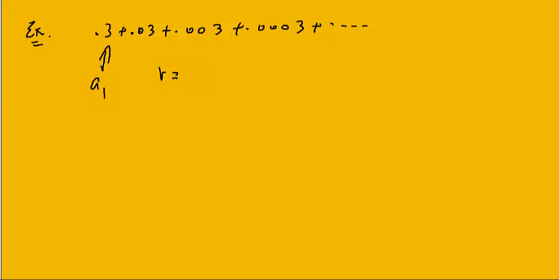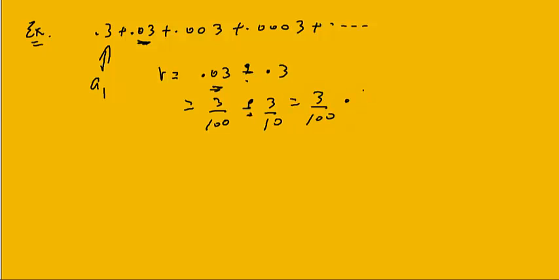Now the ratio: take any term, let's take 0.03, and divide by the one before that, 0.3. That's the same thing as 3 over 100 divided by 3 over 10. When you simplify, you get 3 over 100 times 10 over 3. The 3's cancel, and 10 reduces 100 to 10, so this turns out to be 1/10.